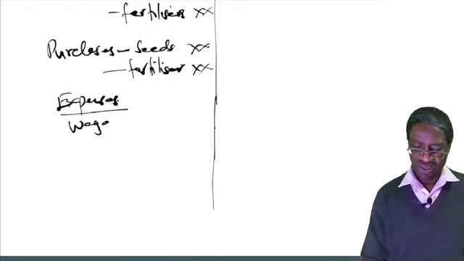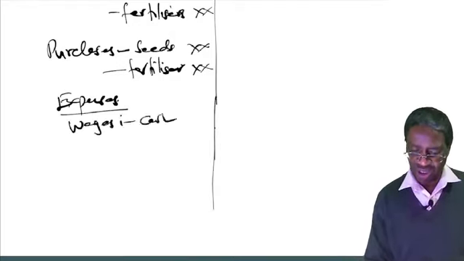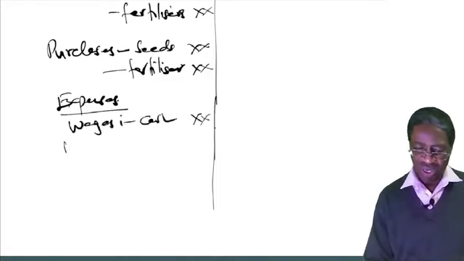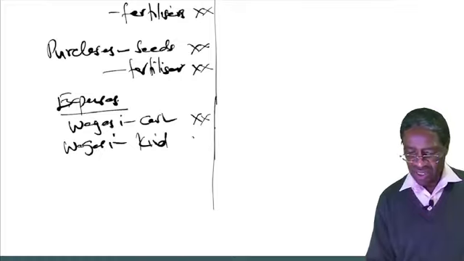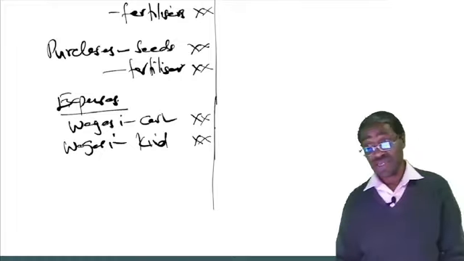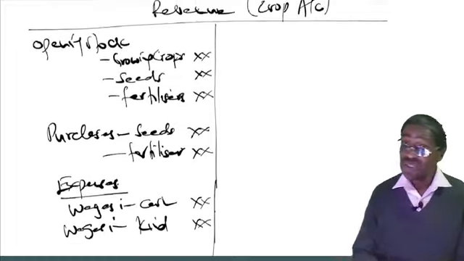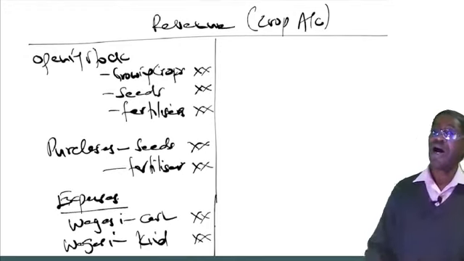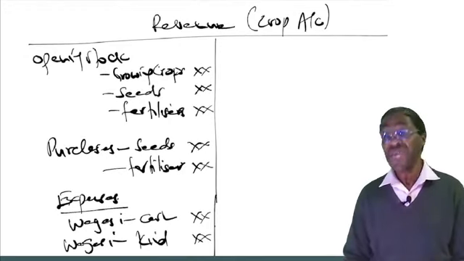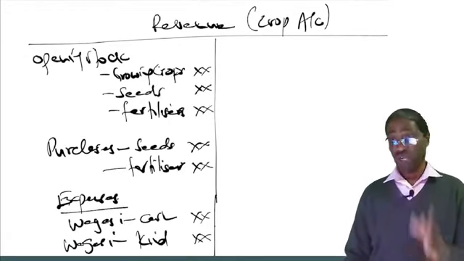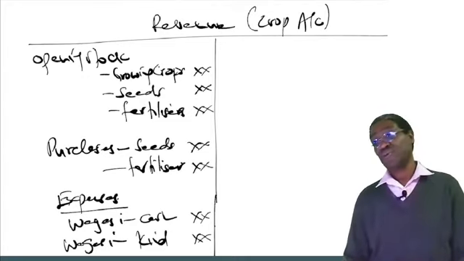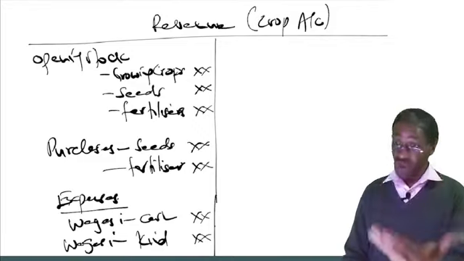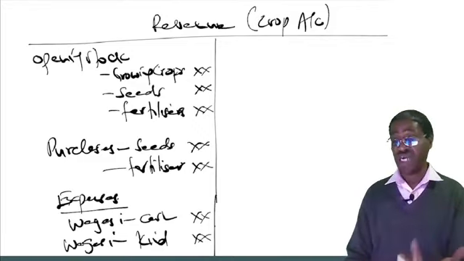Wages, maybe in cash. Wages in kind, like you gave milk to an employee who works in crop. That's a wage in kind.